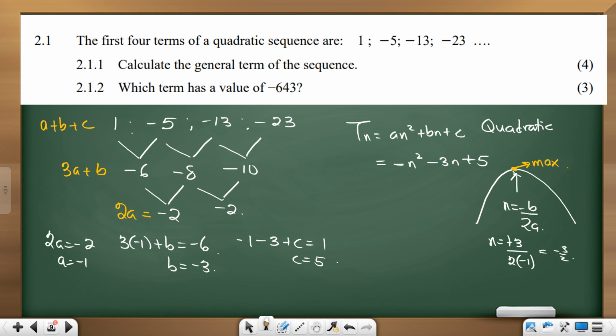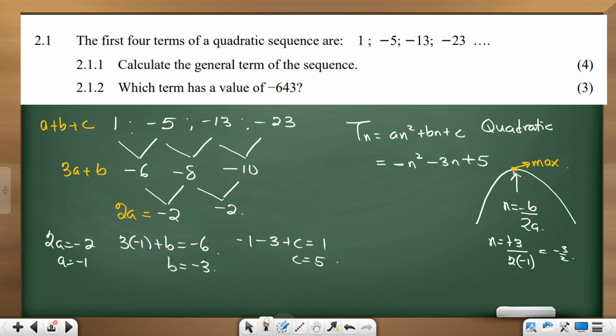All right. In this case, our maximum point is before 0 and it's a decimal. But what I'm trying to show you here is the principle. Examiner is going to ask you which term is the largest term, or what is the value of the largest term. We need to know how to do this by saying n equals to minus b over 2a. It's a parabolic function because a quadratic function is a parabola.